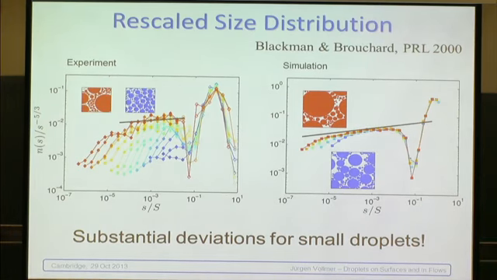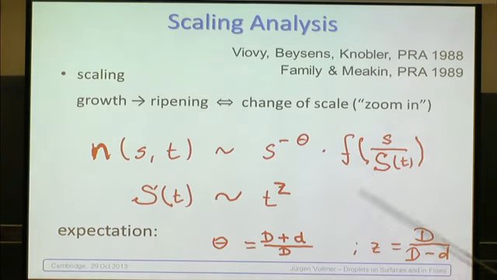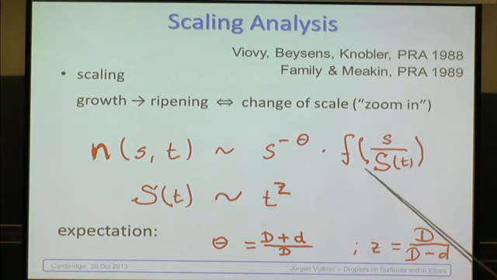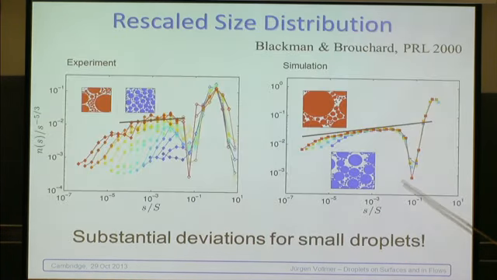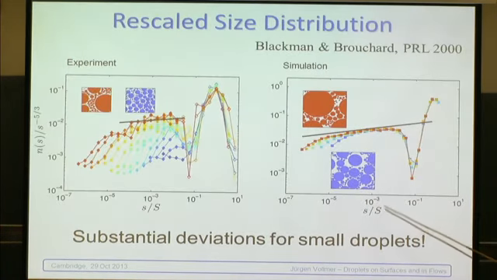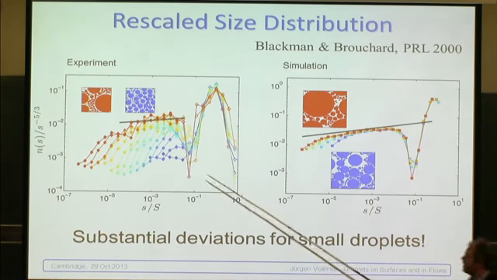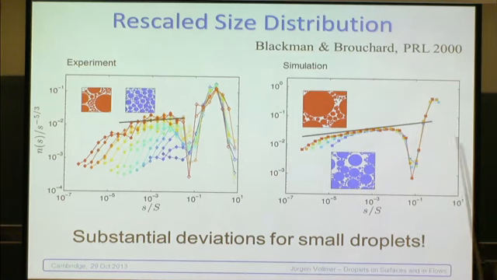Otherwise, this goes to a nice universal distribution as expected when you plot this function f. So what you would do is you multiply n by s to the minus theta, and you plot it as a function of s over the size of typical droplets. That's exactly what is happening here. So that works reasonably. When you do that for the experiments, you end up with a mess.